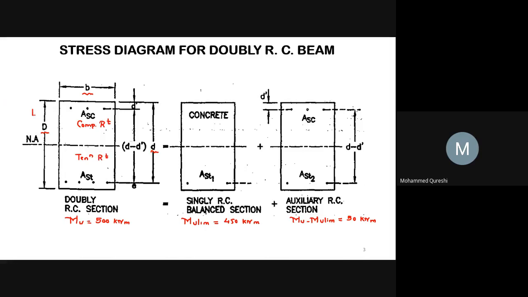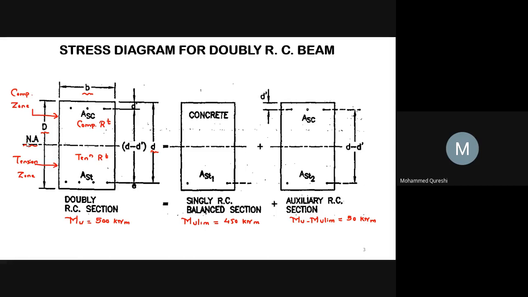This top portion is our compression zone and the bottom portion is our tension zone, and both the zones are divided with the help of the neutral axis.